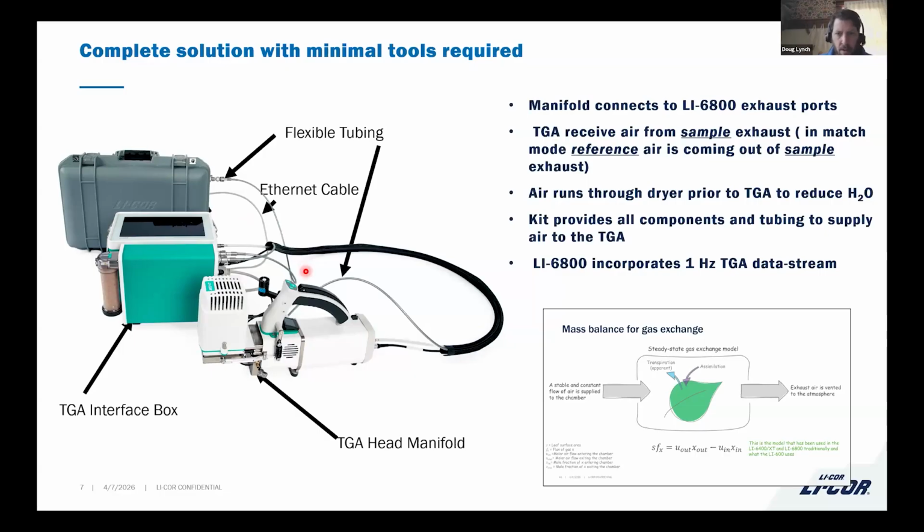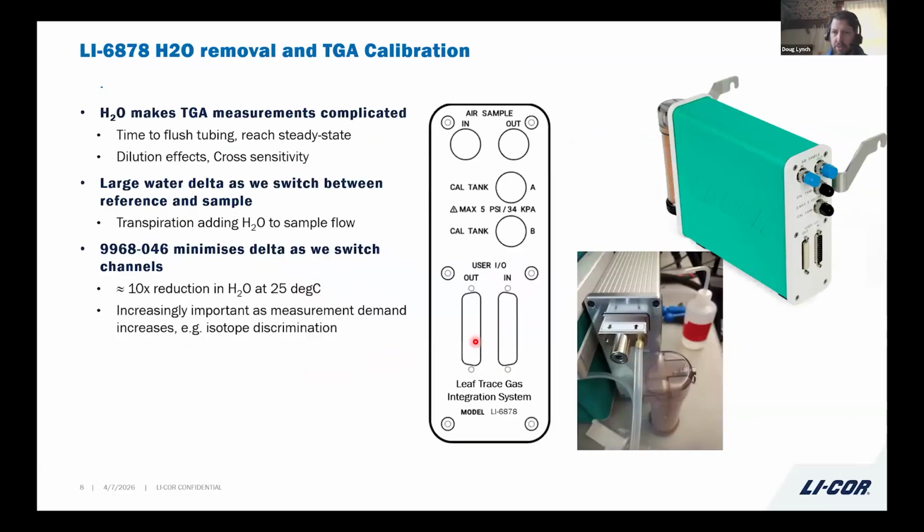So a little more detail on what this additional hardware is doing that can attach to the side of your console. You can see from this scrub tube on the side, full of our desiccant, or you can supply your own dry air stream. It is running that air through a drying system and removing much of the water vapor that's in the airstream.